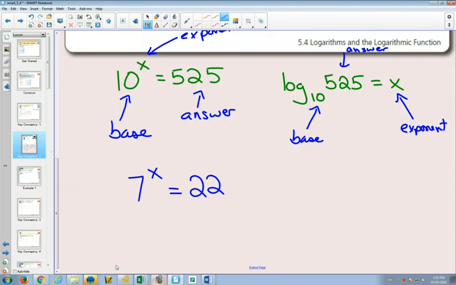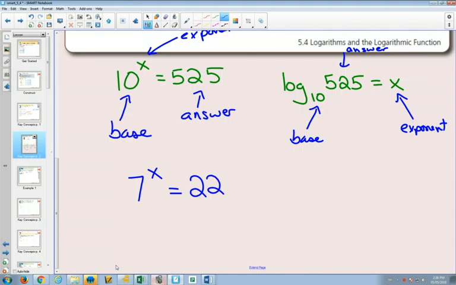It's going to be between 3 and 4. What's 7 to the power 3? Careful, 7 to the power 3 is huge. It's already 300 and something. It's going to be between 1 and 2, because 7 to the 1 is 7, and 7 squared is 49. So we know that this is going to be between 1 and 2.